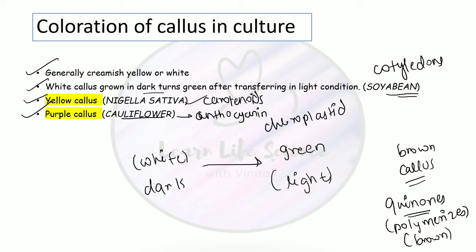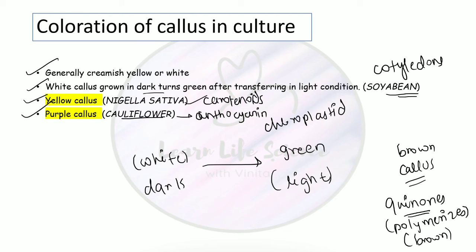Bananas also undergo oxidation after a particular time into a brown color. It is due to the oxidation of phenols into the oxidized form, quinone, which then polymerizes and gives you a brown product.